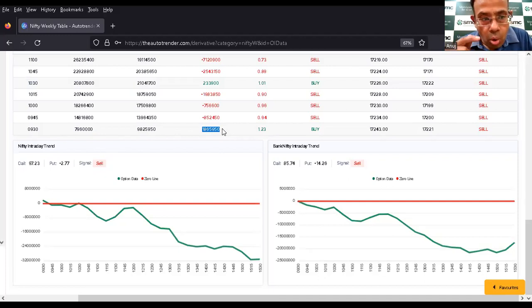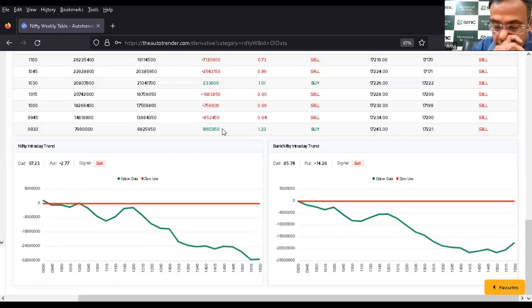To what you should analyze with respect to the PCR. So whenever the PCR is above 1, then the market is supposed to behave in a positive way. Just because your put writing is more than call writing, we expect the market to be on the positive side, right?